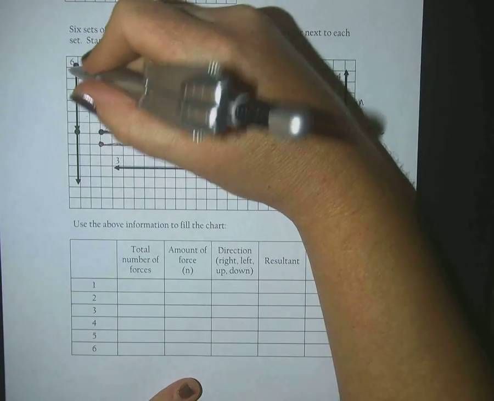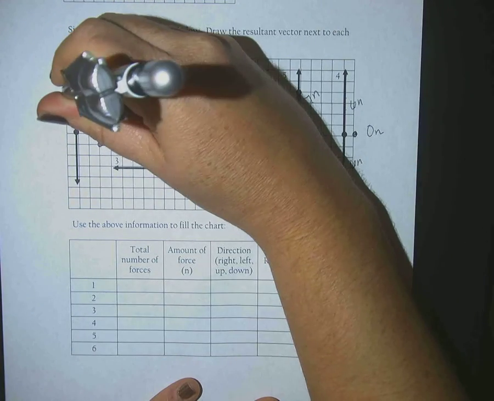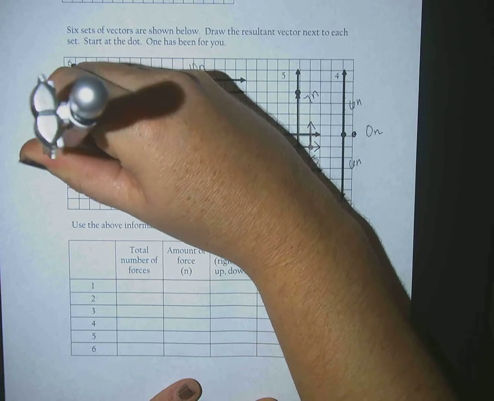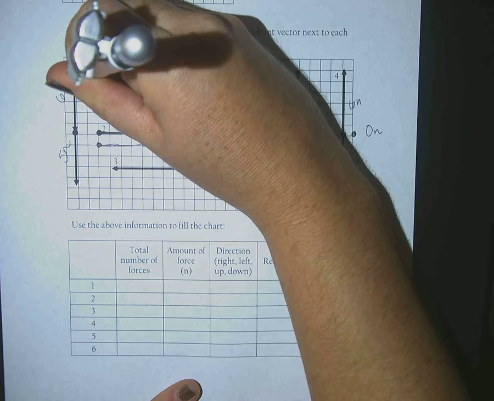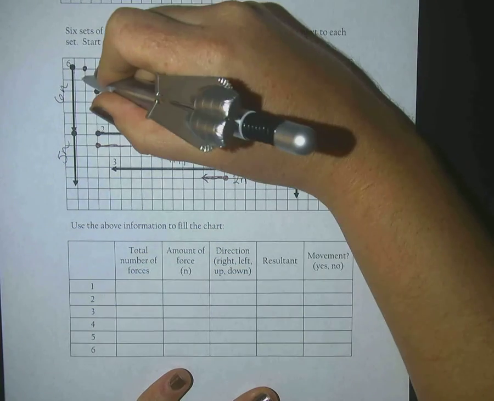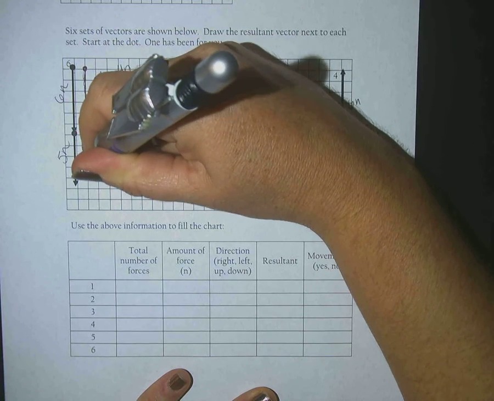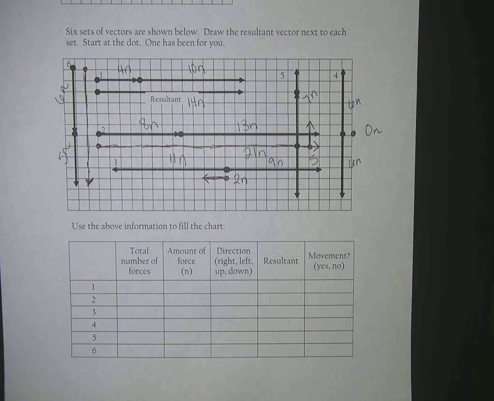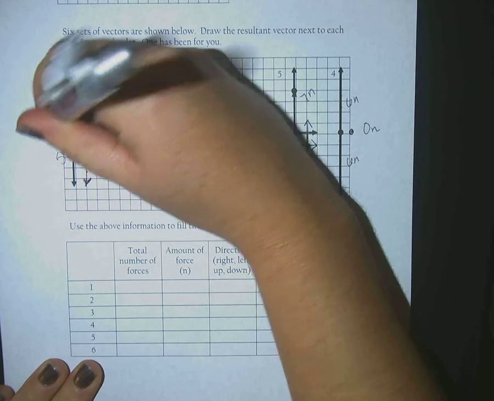Last one, number 6. 6 down. 5 down. So how many newtons? 11. So start up here and go down all 11 newtons. You don't even have to count them again. You're just going down the whole length of the arrow. So you have 11 newtons.